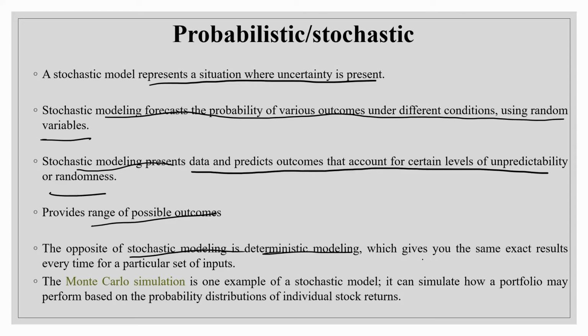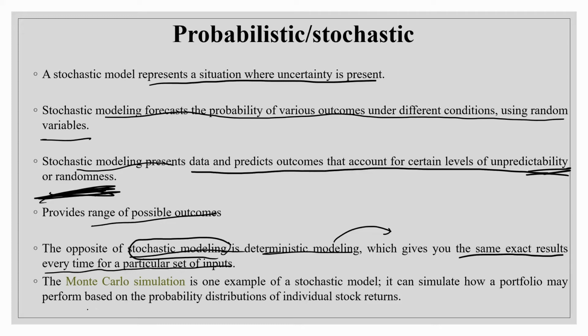As I have already told you, the deterministic model gives the exact same result for every particular set of input values, but in stochastic modeling we have a certain level of unpredictability or randomness in our output.